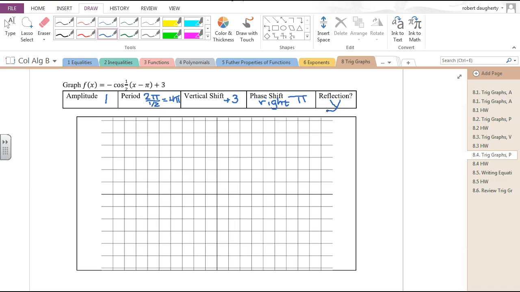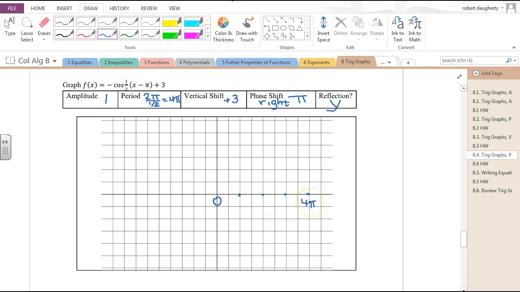Okay, so to graph this, I'm going to space mine out just a little bit again. Like I said, if that's stressing you out, just stick to what you always know: 1, 2, 3, 4. Count it like that. It's just easier for me up here to space them out. So I'm going to count 1, 2, 3, 4. What am I going to call that point? Yeah, that is 4 pi.